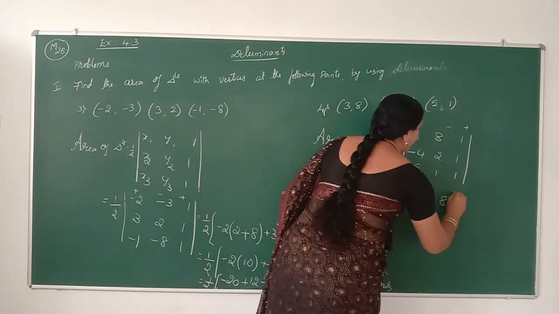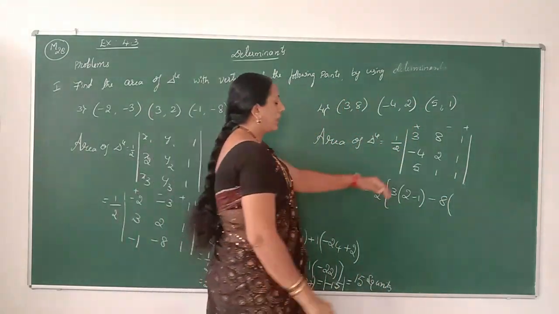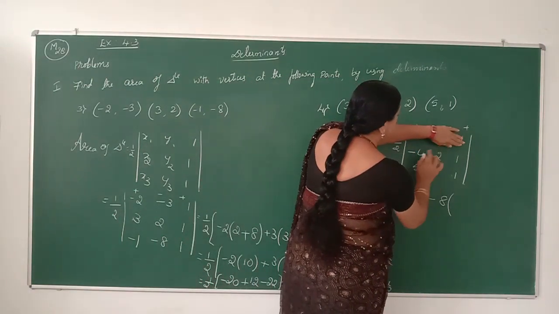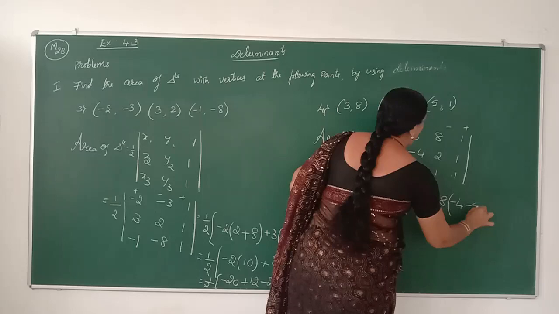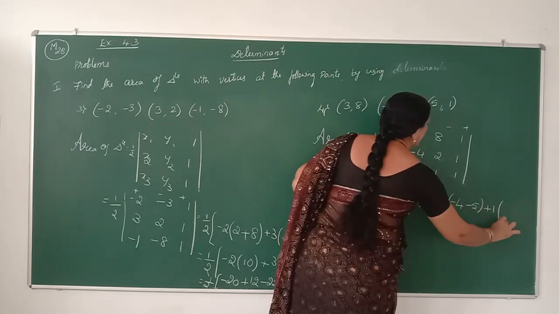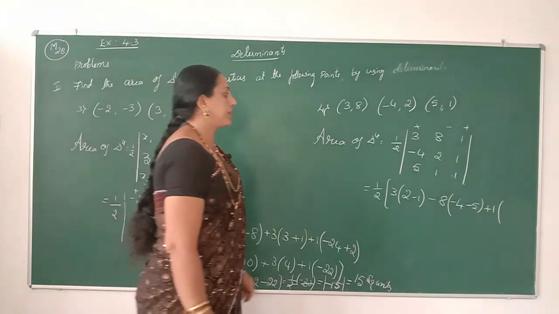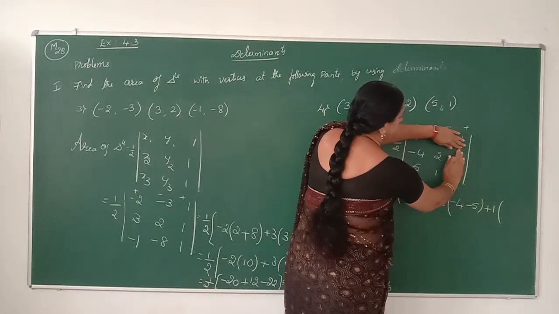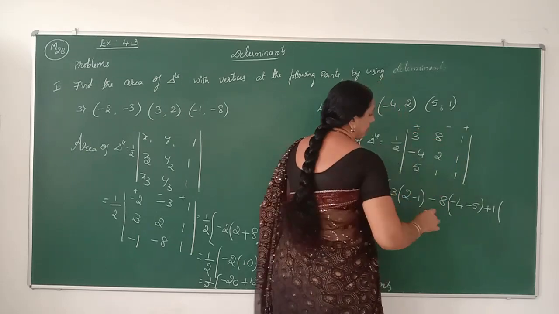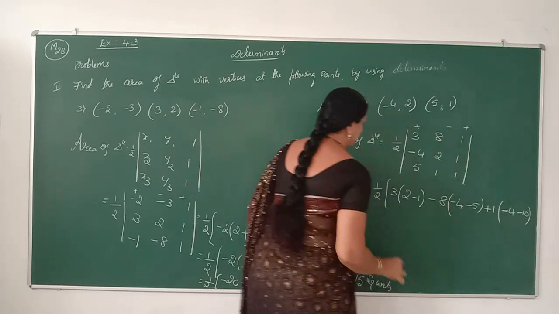Minus 8 of: 8 is an element of first row, second column, and these are also neglected and the remaining are cross multiplied: minus 4 minus 5. And last one is plus 1. 1 is an element of first row, third column. Again these are neglected. Remaining is minus 4 minus 5 into 2 is 10.